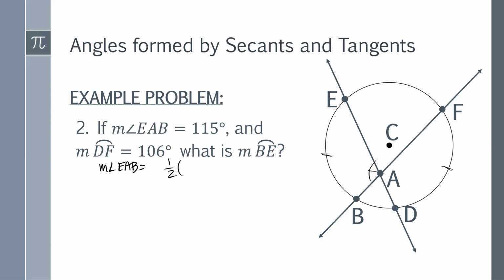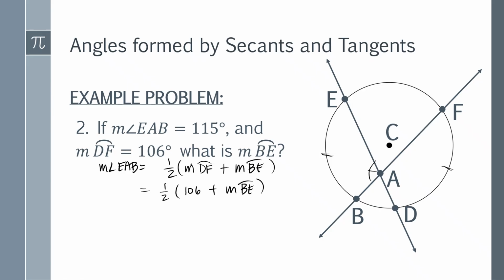So therefore, measure of arc DF, kahit magkabaliktad po itong dalawa ha, kasi plus lang po ito, measure of arc BE. So therefore, 1/2 of the measure of DF, syempre 106 plus measure of arc BE. Since wala naman po itong measure ng arc, so remain as is.